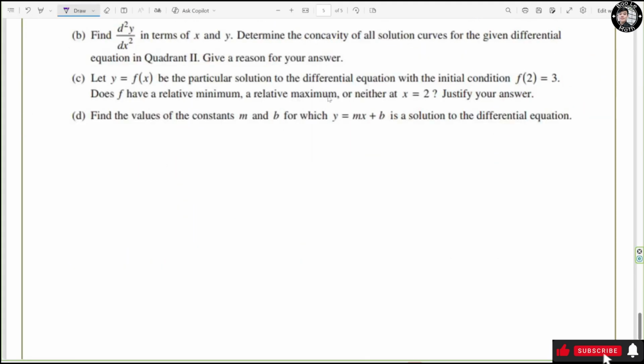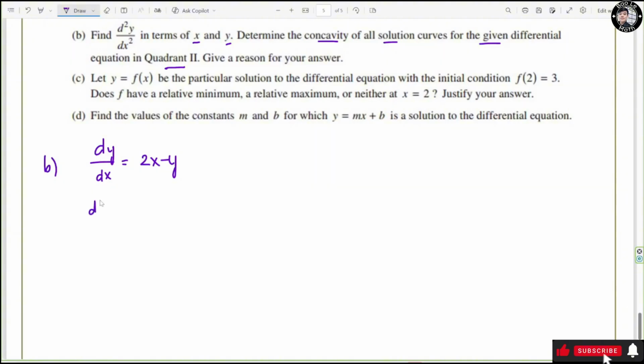Now question B. Find the second derivative in terms of x and y. Determine the concavity of all solution curves for the given differential equation in quadrant 2. Give a reason for your answer. Alright, so we know that the differential equation is given by dy over dx equals 2x minus y, right? Now we need to calculate the second derivative of this one.